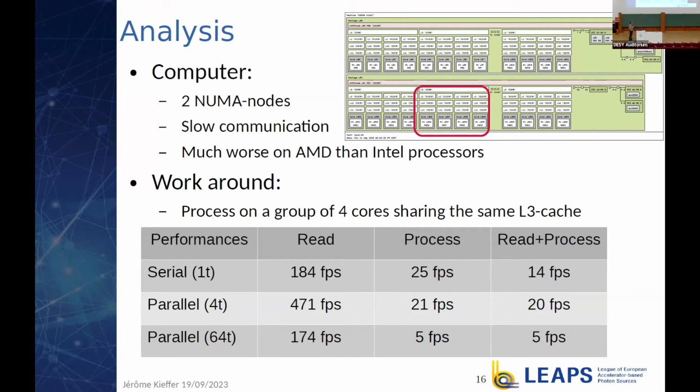The processing is much better than previously, and overall I'm better than previously. So knowing one's computer, one's platform is of key importance. And of course, if I take a new Intel server, I will get different bottlenecks. I will get a different layout like this, and I will need to find another solution.